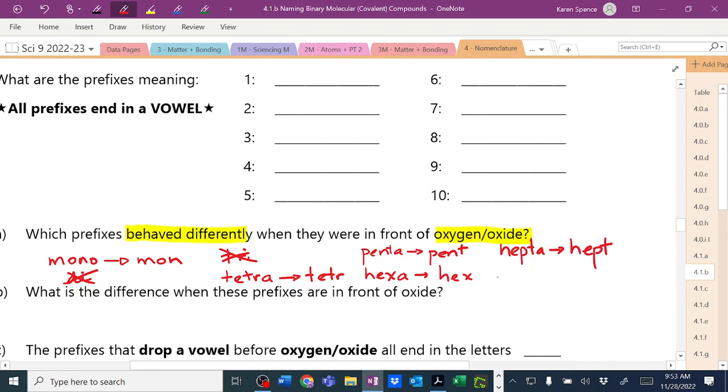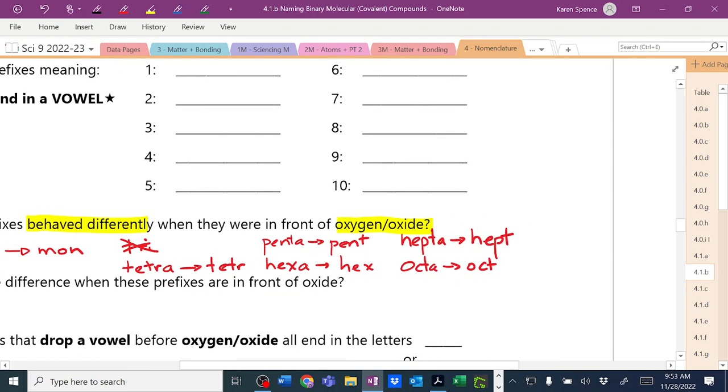Okay, so we have 7 is hepta, and in front of oxide, it would just be hept. I like octa because you can remember octa is 8 because, what has 8 legs? Octopus. So octa becomes oct. And nona becomes non, and deca becomes dec.